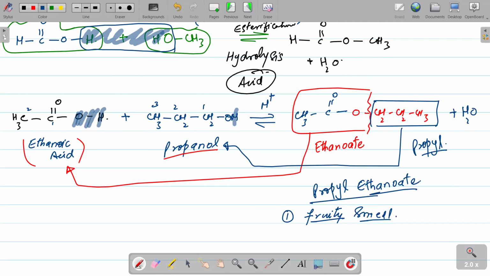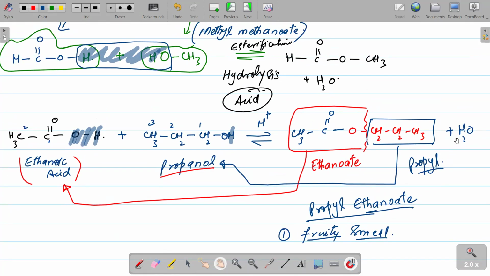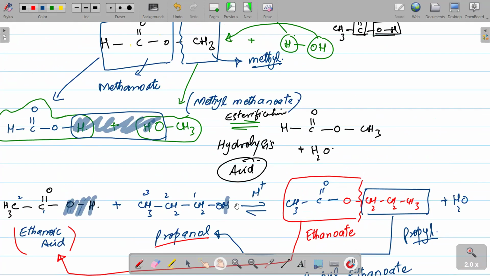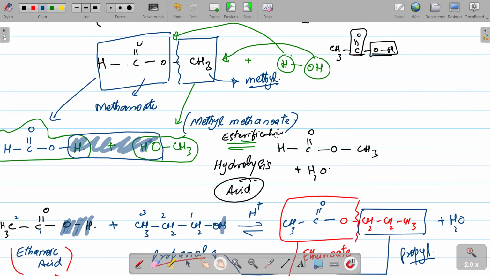So whenever carboxylic acids react with alcohols, they form ester along with water. Remember this type of reaction that is known as condensation reaction. Why? Because two molecules, they are linking with each other, the loss of water molecule. So it is known as esterification.